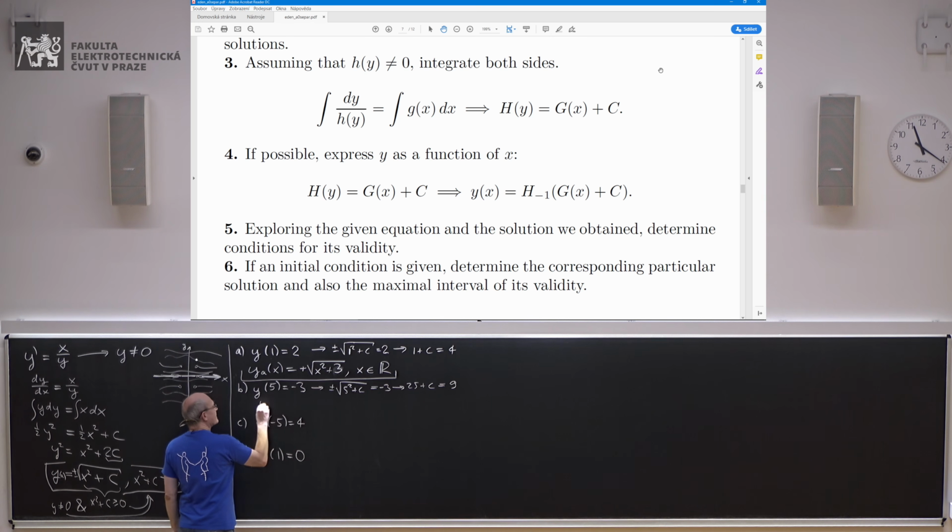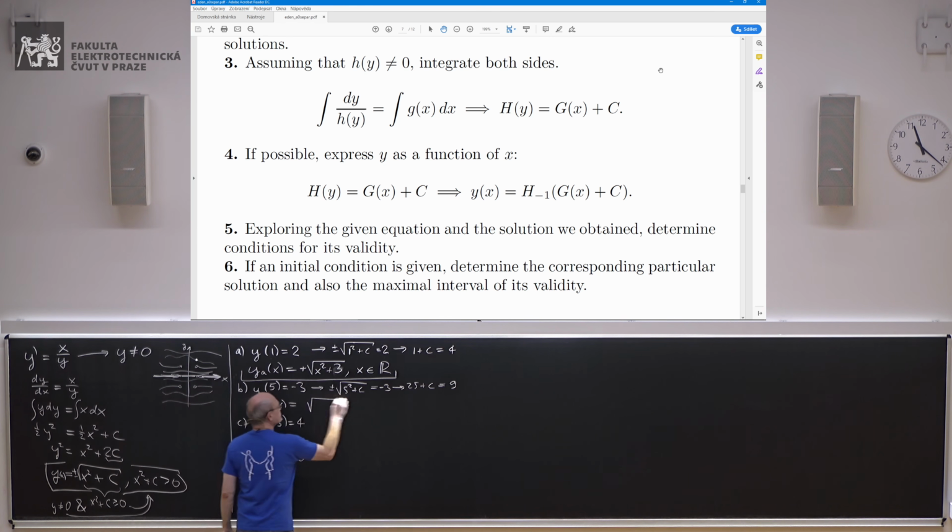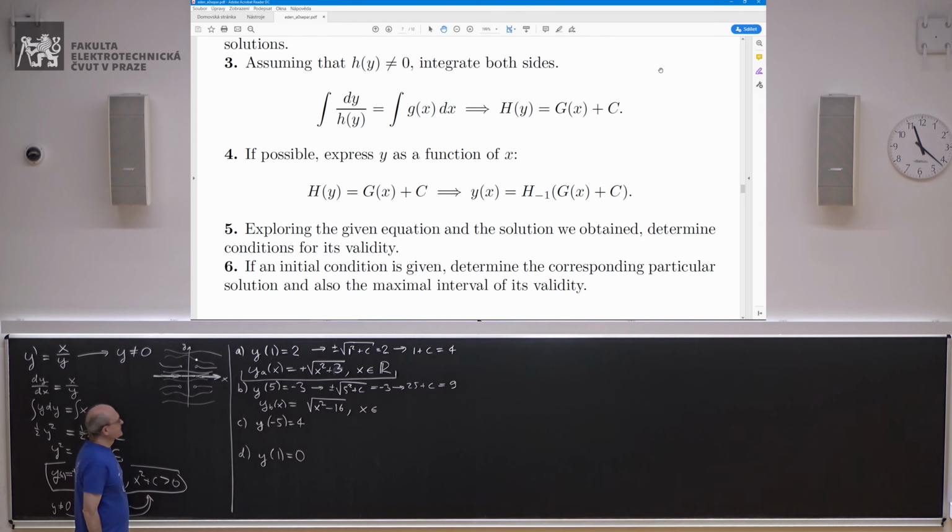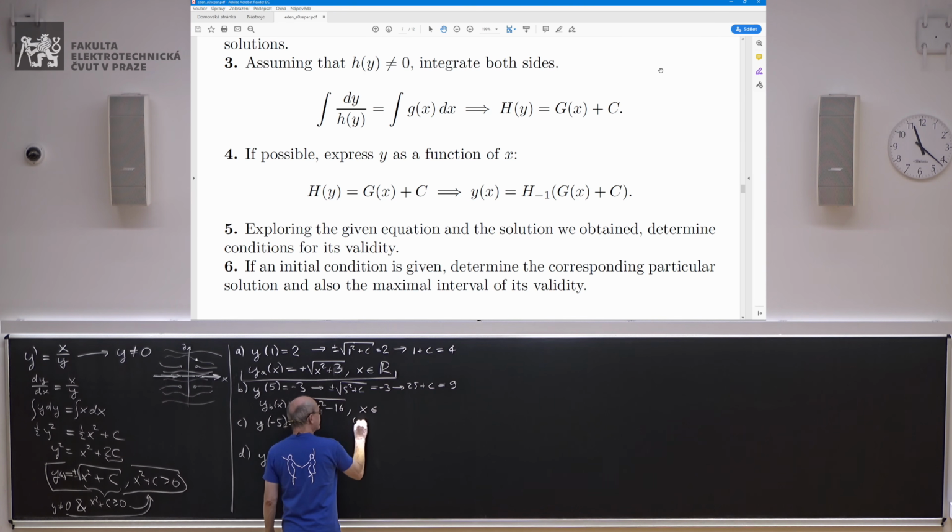Let's see. y b of x is square root, and again, let's leave this for later, x squared minus 16, x belonging to, and let's think. Okay, x squared minus 16 should be positive. This means two possibilities. Interval negative infinity, negative 4, and 4, infinity.